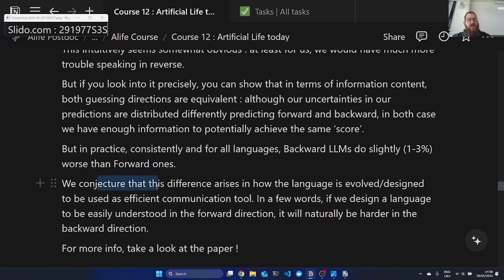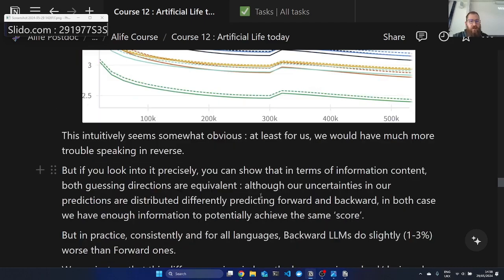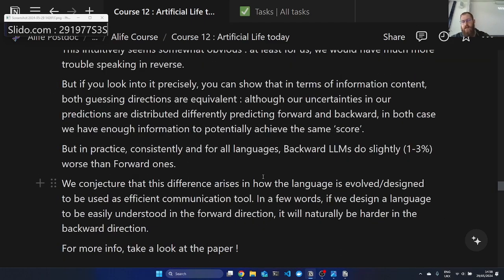And what we conjecture for language, which seems universal since we tested even 3 more languages and it works every time, is that this difference arises because language evolves to be an efficient way to communicate, and we communicate in the forward way, right?